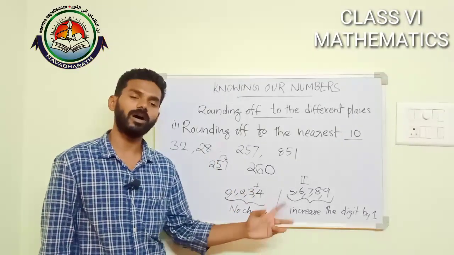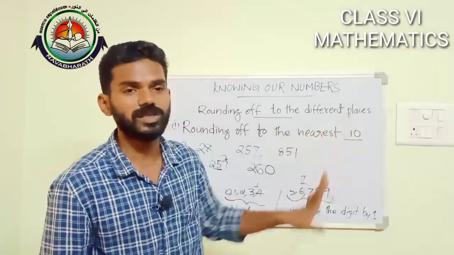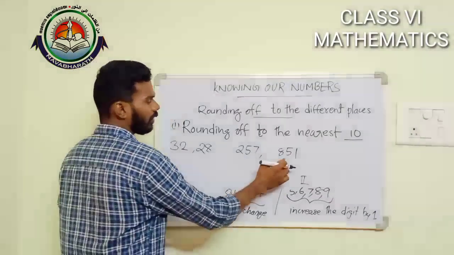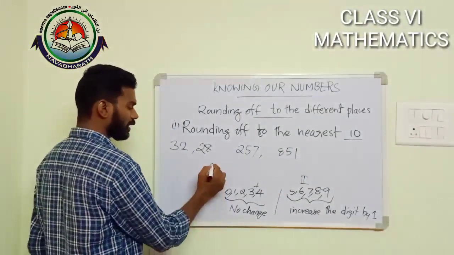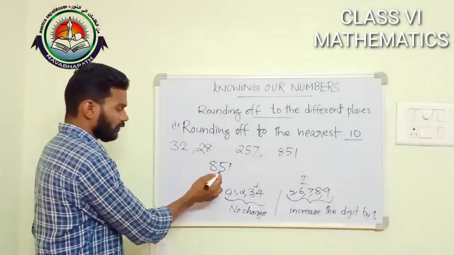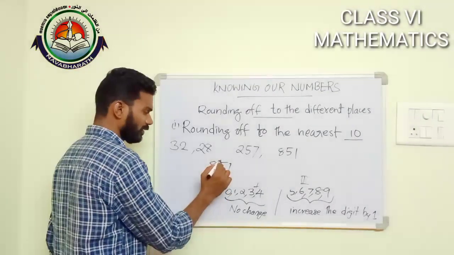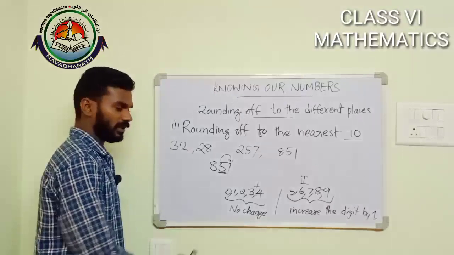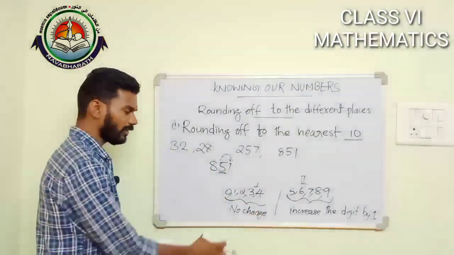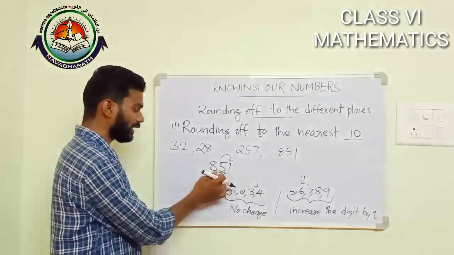Clear? So I hope you are clear about the concept of rounding off to the nearest 10. Now just do it faster. What would be the rounding off to the nearest 10 if we are considering the number 851? First of all, we have to mark the tens place. Then consider the next digit. It is 1. And you know that 1 belongs to the first category. And if it belongs to this category, then there is no change for the tens place.